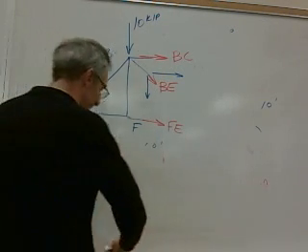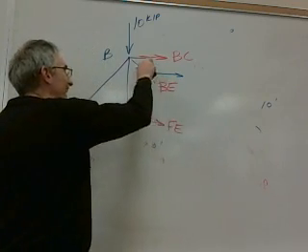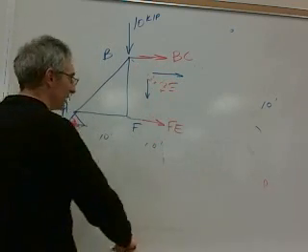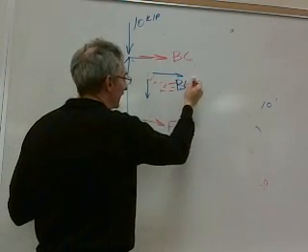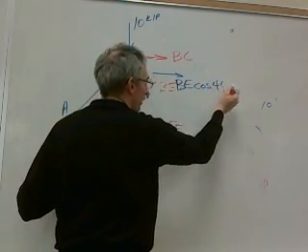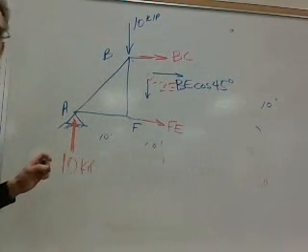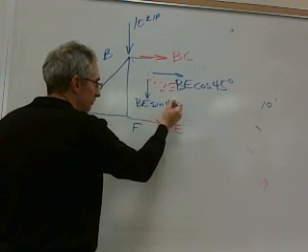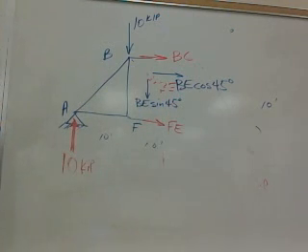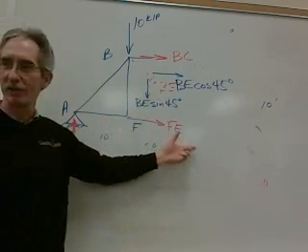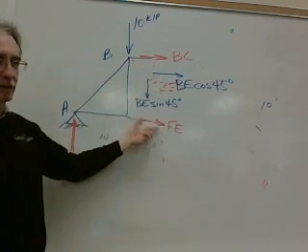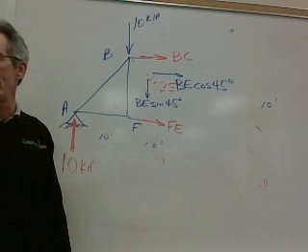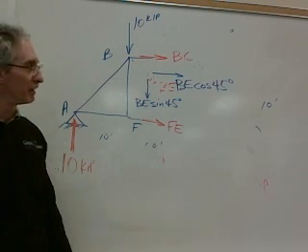So instead of just dealing with BE, I might want to deal with BE cosine of the angle, which is 45 degrees, and BE sine of the angle. Now again, notice that I drew BE as well as the other things that I cut, BC and FE. I drew all those acting away from this section. That's the same thing I did with method of joints.